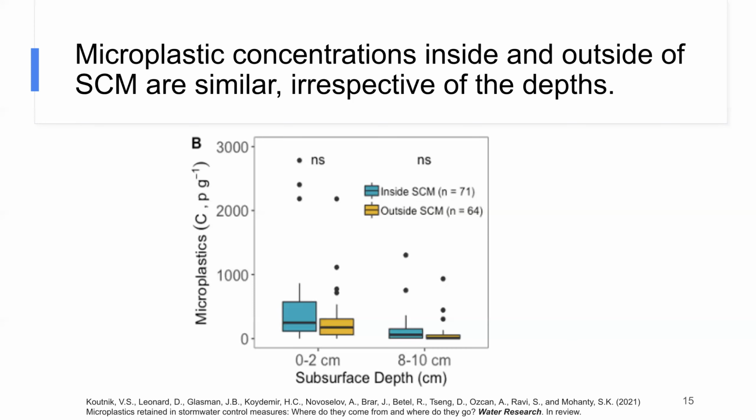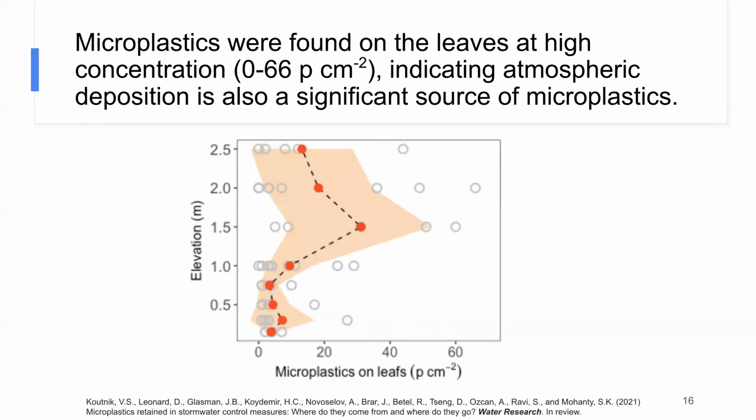To prove that, we take samples from leaves. The idea is that if air is the medium, the leaves are going to have a lot of microplastics because stormwater is not going to reach there. What we found, as you can see, is that those leaves have a very high concentration of microplastics.